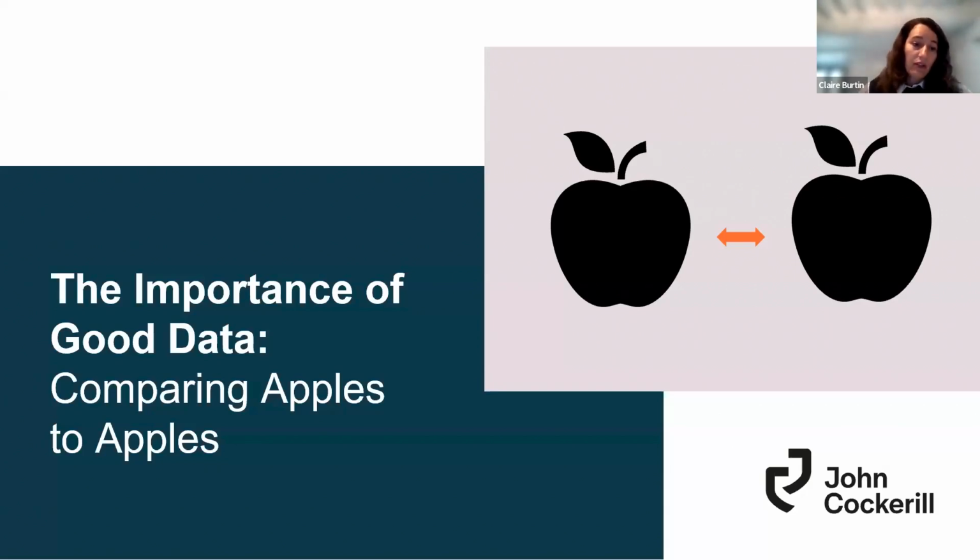So if you want to show your investors or project developer partners a cost of hydrogen that's as close as possible to what you're going to get, you need good input data. And for that, you need to know how to compare apples to apples.